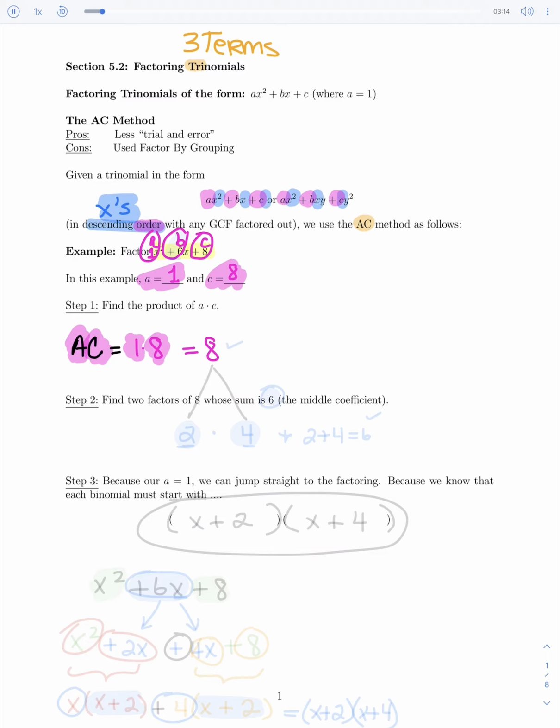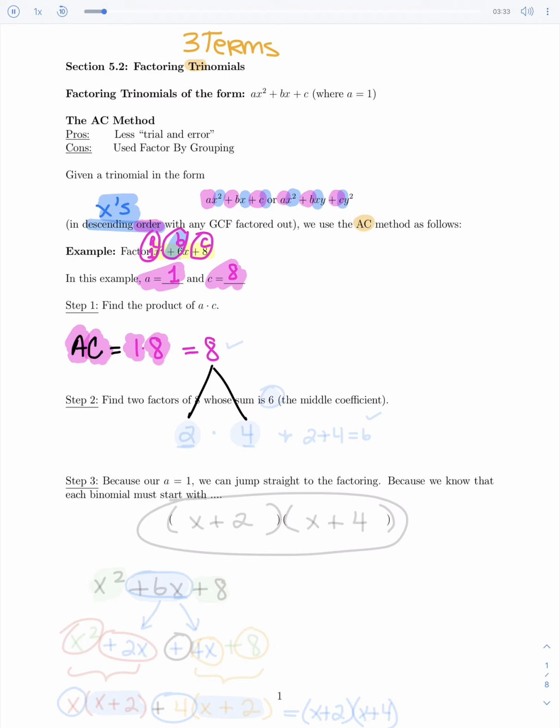Now here's where we're going to use the number we haven't used yet, which is the b. Now we want to break 8 up into 2 factors that add up to the b, the middle term. So what 2 factors of 8 multiply together to give you 8 but add up to 6?